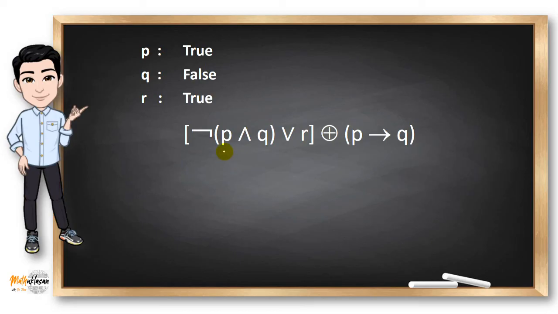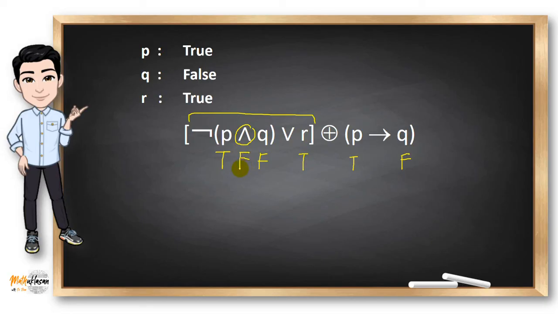For the last one, we need to use R. So for P, it's true. For Q, it's false. For R here, it's again true. P is true, and here Q is false. How about I start with this group? Here, I need to start with this conjunction. So true and F here is false.